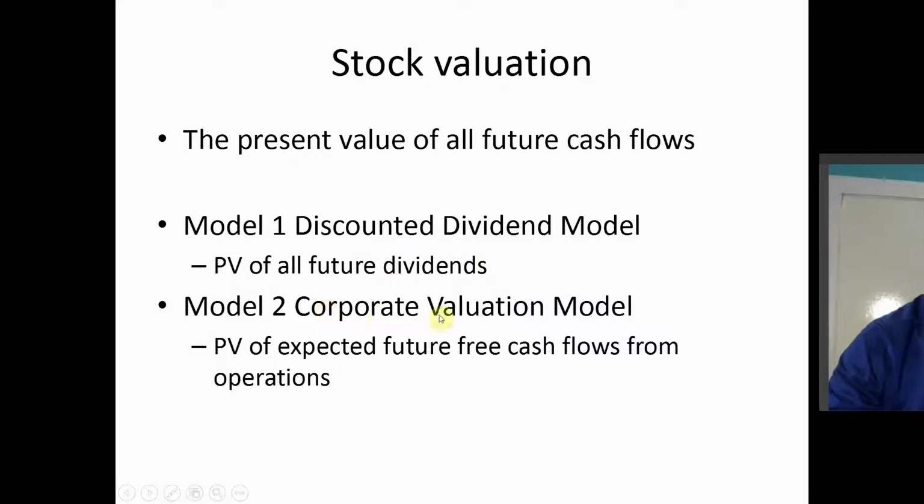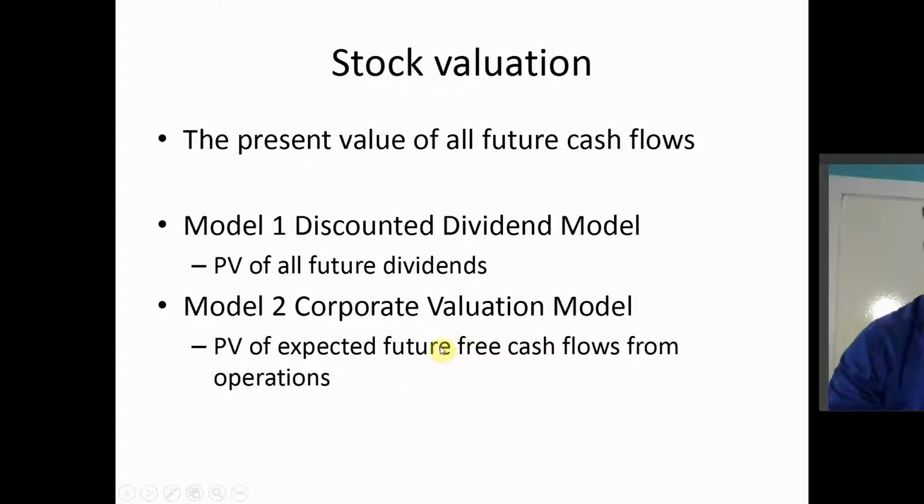Another model is called a corporate valuation model. For some stocks, like Facebook, they don't pay dividends at all, or Microsoft, they never paid the dividend until 2003. For these companies, they keep their net income in retained earnings instead of paying them out.